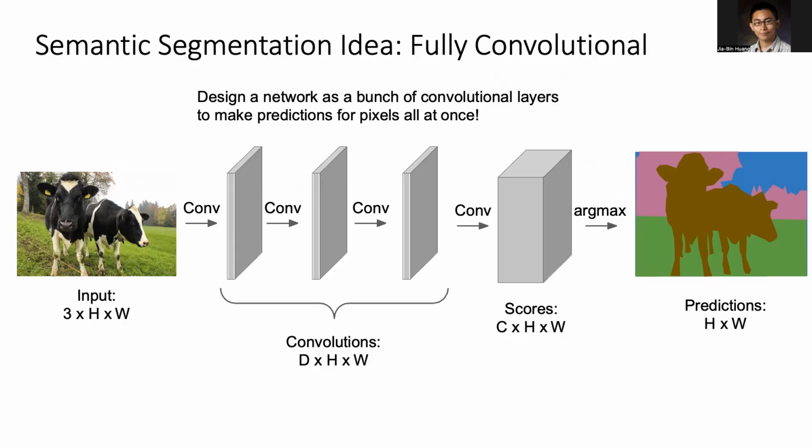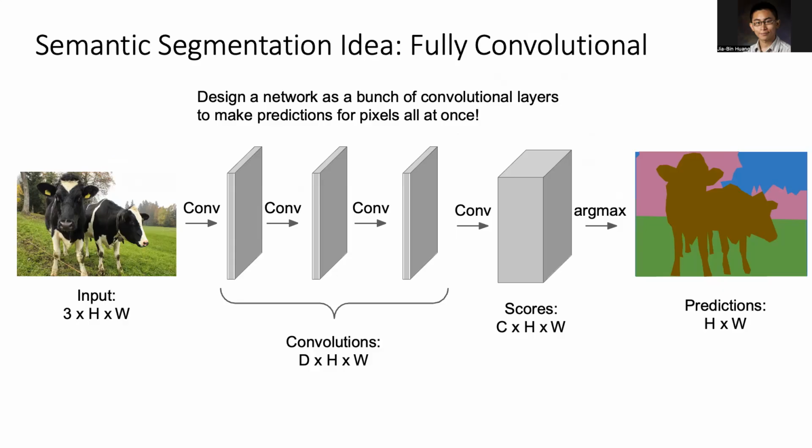So now I'm able to share the computation across different pixels, because I have convolutions. But remember that our filter is usually a small filter. The kernel size is small, like 3 by 3 or 5 by 5.